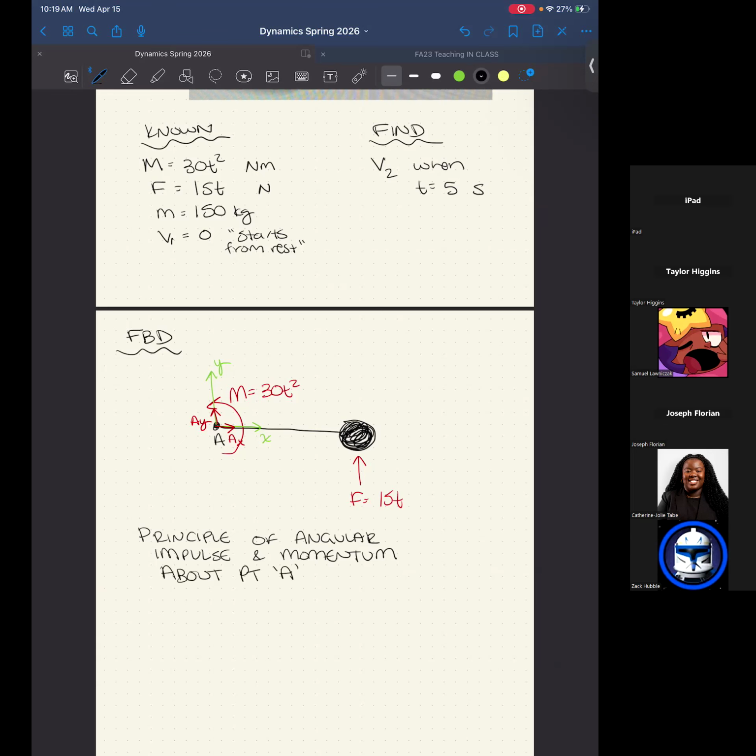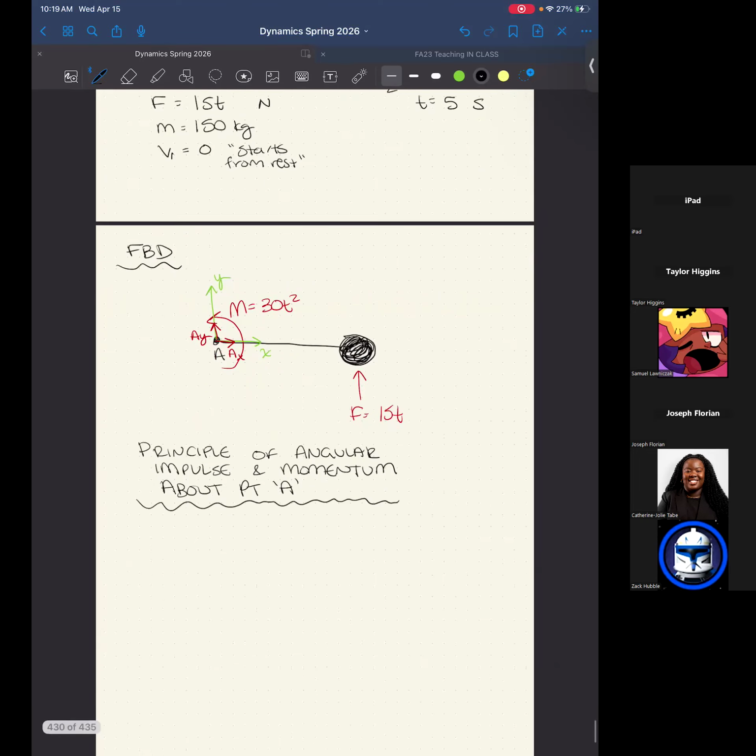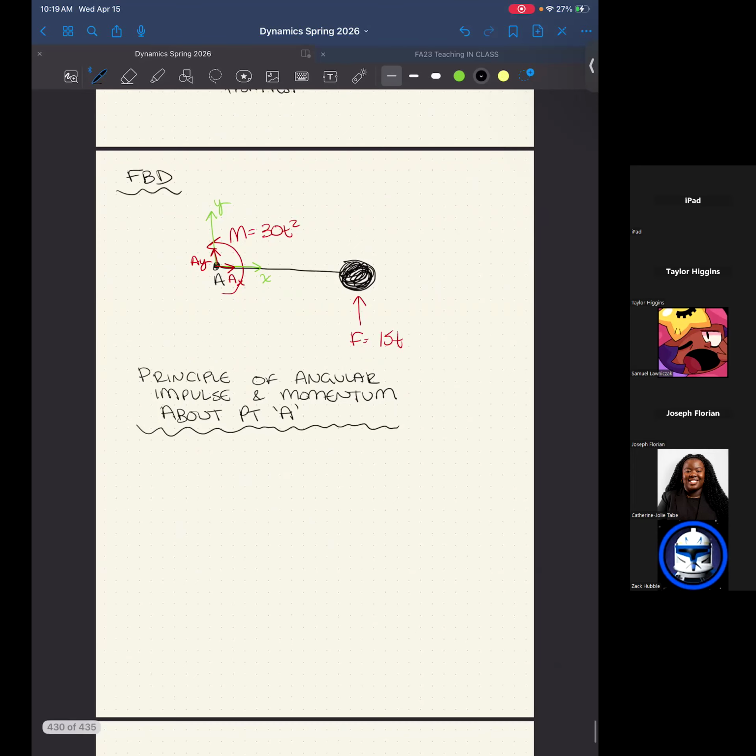Okay, I did the principle of angular impulse and momentum about point A. So I have H_A z1 plus the integral from t1 to t2 of M_A z dt equals H_A z2.